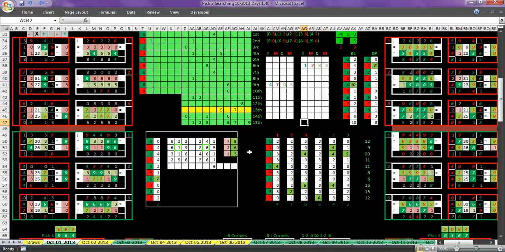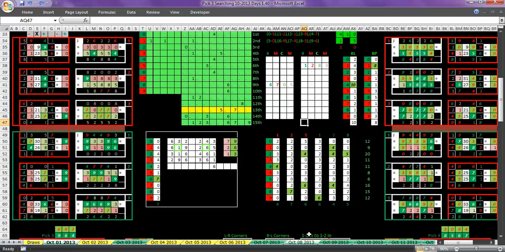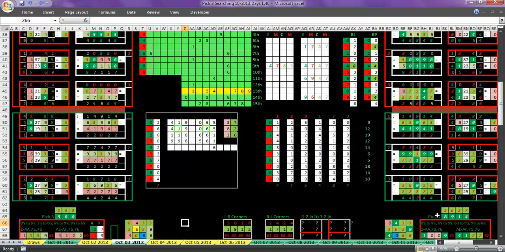Okay, now what I'm talking about is pairs. All these you see below here that are highlighted green are without doing anything but putting the numbers in the draw sheet here. Let's say we've got the 7 and the 5. There's your pair, here's your 5 and your 7. There's 8, 9, 1, 4. There's your 4 and your 8 pair.